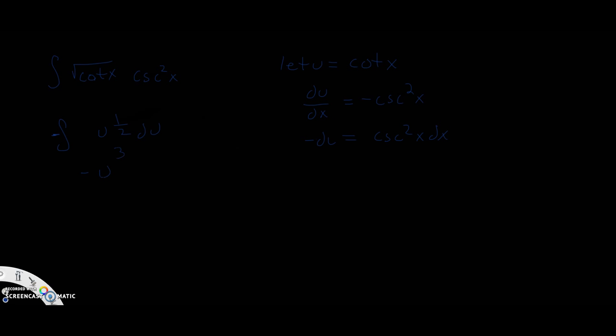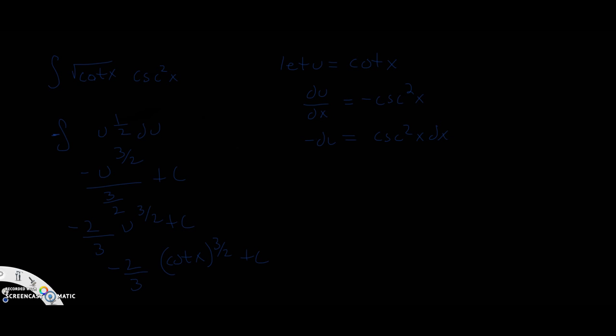So it's going to be 3/2 divided by 3/2, which means it's going to become 2/3. You're going to flip it. So now I'm going to get negative 2/3 u to the 3/2 plus c, plug in. So now negative 2/3 u was cotangent of x. So it's going to be raised to the 3/2 plus c.